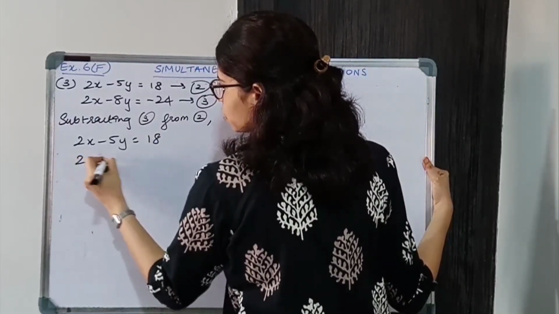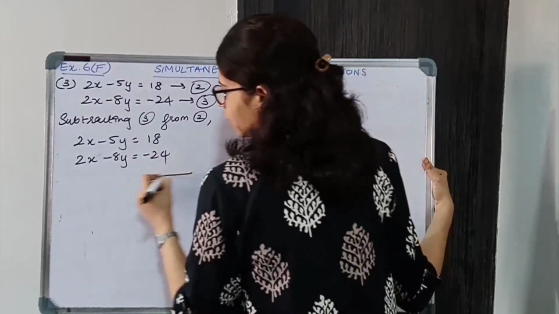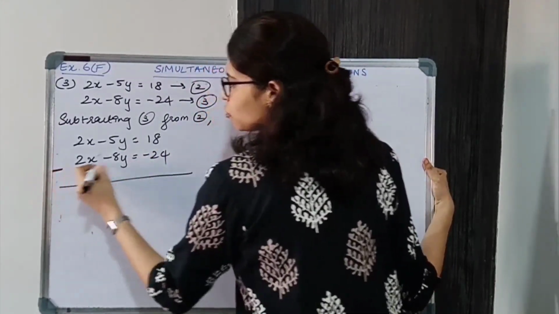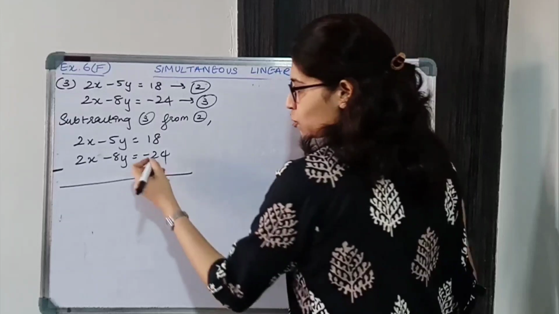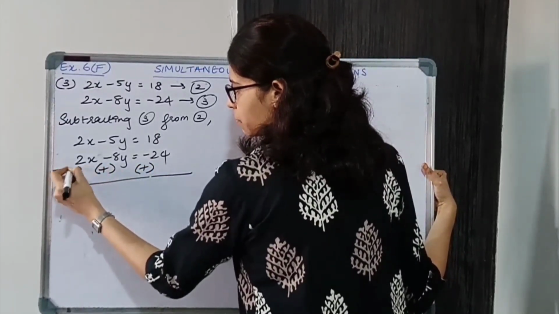So third equation is 2x minus 8y is minus 24. We are subtracting this equation, so the signs of the second equation will change. Minus becomes plus, minus becomes plus, plus becomes minus.